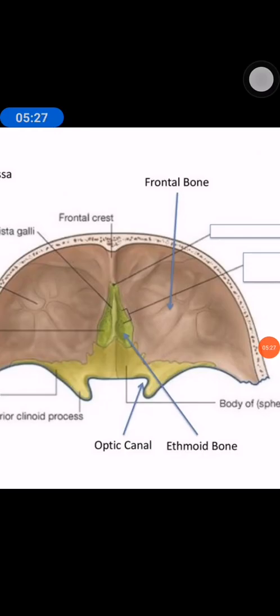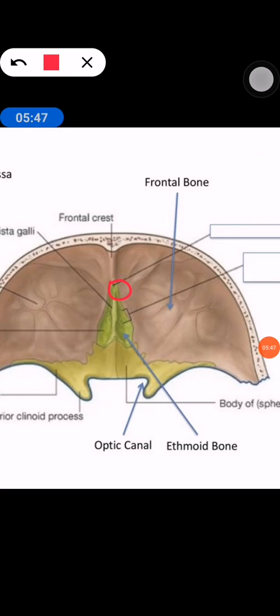Between the crista galli and frontal crest, there is a foramen known as foramen cecum. This is foramen cecum. And what are the structures transmitted through the foramen cecum?